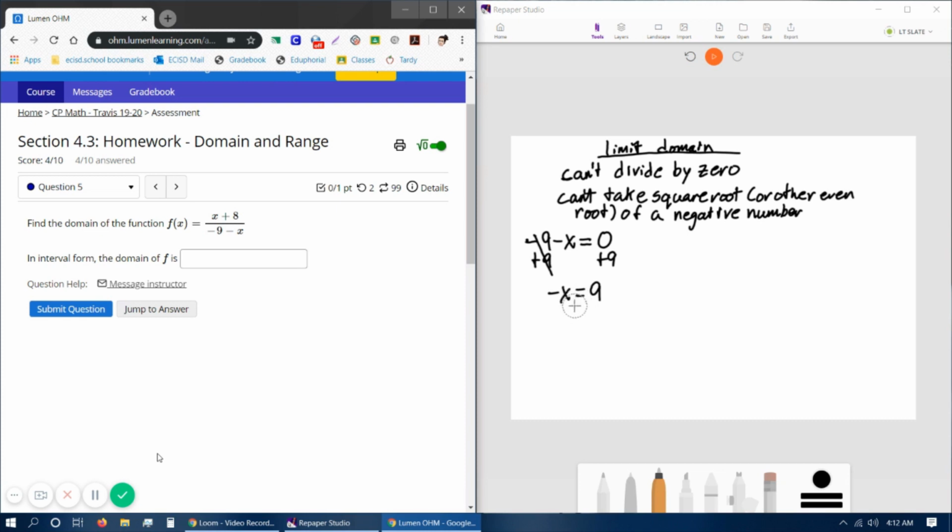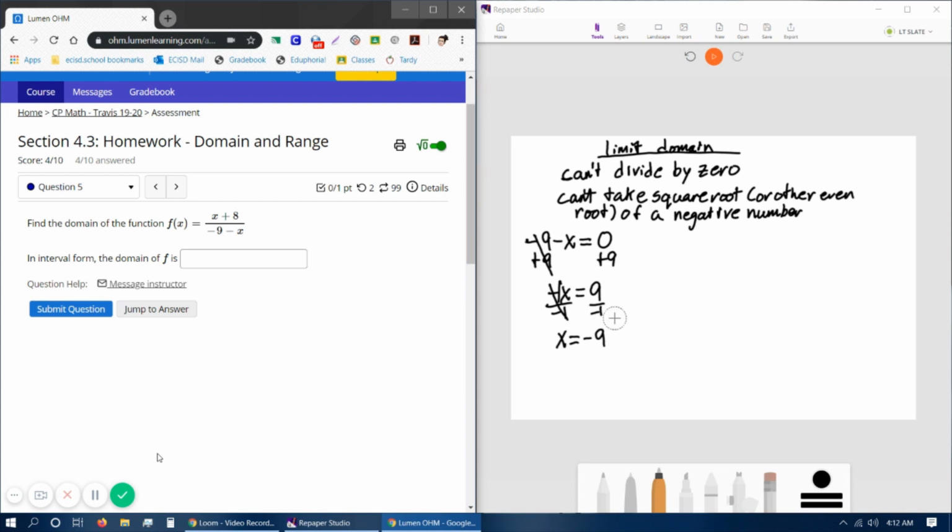Remember that if there is not a number in front of x, then I can assume there's a 1. This allows me to divide both sides by negative 1 to get positive x by itself on the left side of the equation. The negative 1's on the left side will cancel, and 9 divided by negative 1 is negative 9, giving me x equals negative 9.